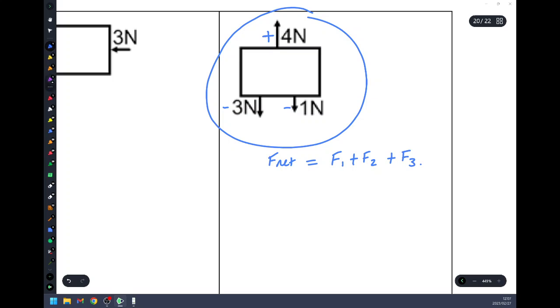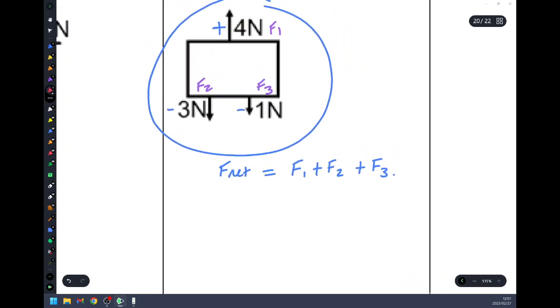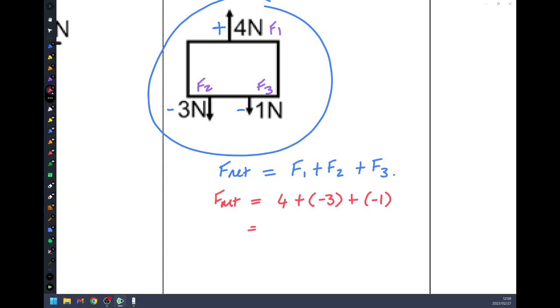So let's label what each of these are going to be. I'm going to call the 4 Newton up force 1, the 3 Newton down force 2, and the 1 Newton down force 3. And we're just going to substitute them in as such. So F net then is going to be 4 newtons plus minus 3 newtons plus minus 1 newton. So 4 minus 3 is 1, minus 1 is 0 newtons.